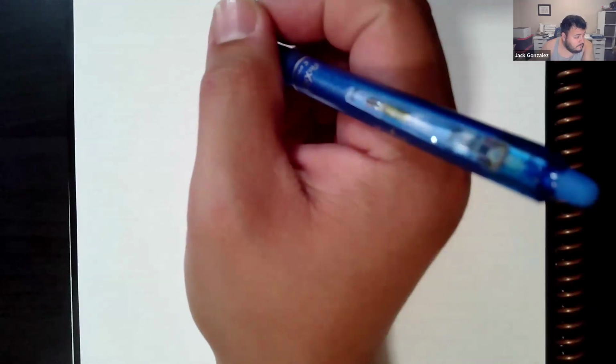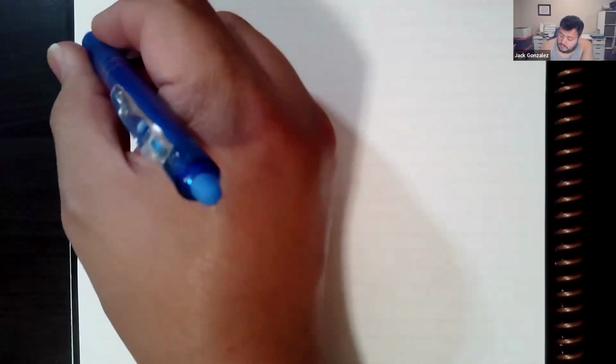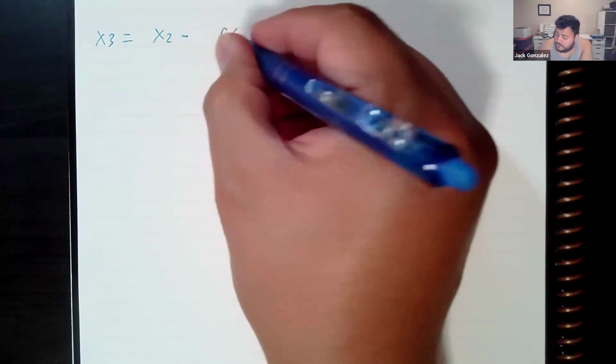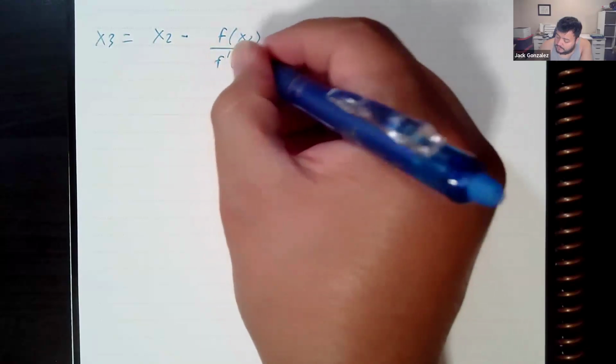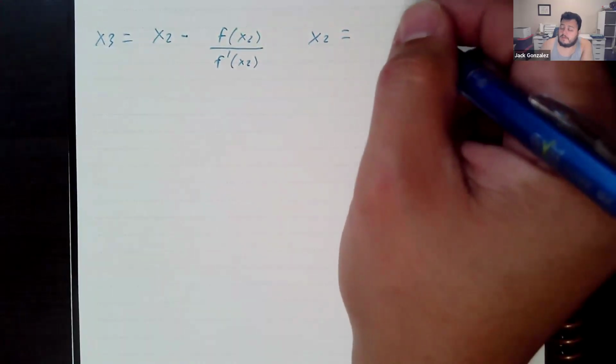Step 2, second iteration. So x3 is equal to x2 minus the function at x2 divided by the derivative at x2. And we found x2 to be 5/4, right?